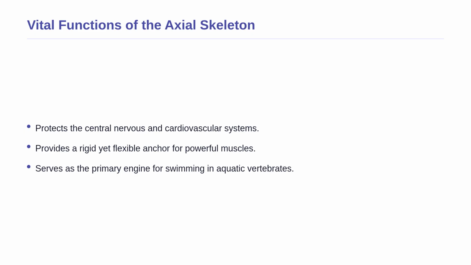The powerful muscles of your back and limbs attach here, allowing for controlled movement. Without it, we would be formless blobs. Furthermore, in aquatic vertebrates like fishes, the axial skeleton is not just for support, it is the primary engine for swimming. By creating lateral undulations along the spine, fishes can powerfully push through the water.